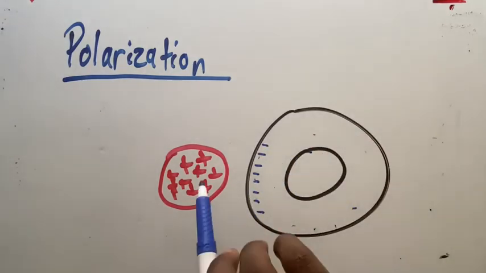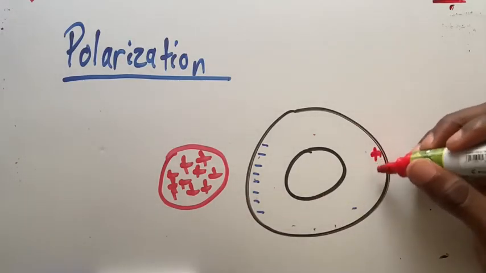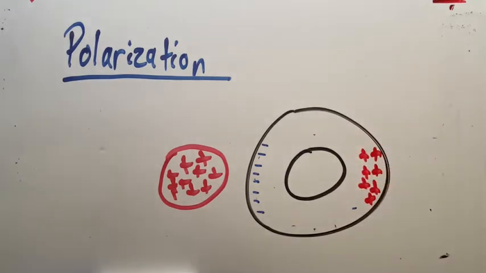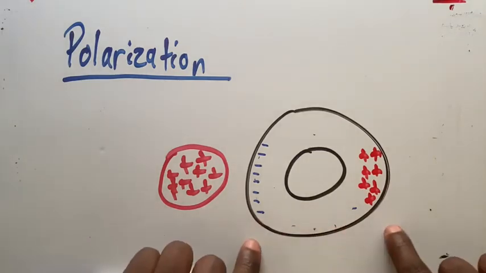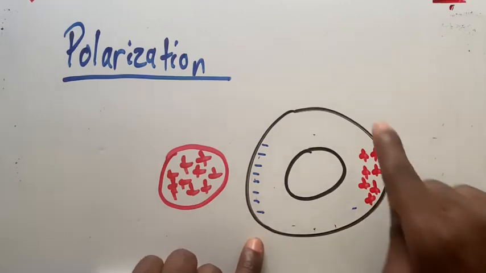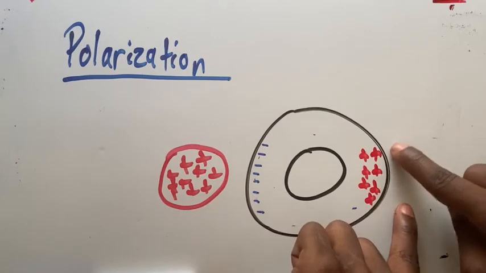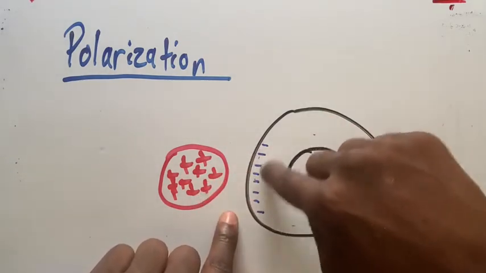But then also the like charges repel, so it's going to push the positives along the back end. Boom. So once I pull this positively charged object near this conductor, it becomes polarized, because now the majority of the positive charges are on this end and the negative charges are on this end.